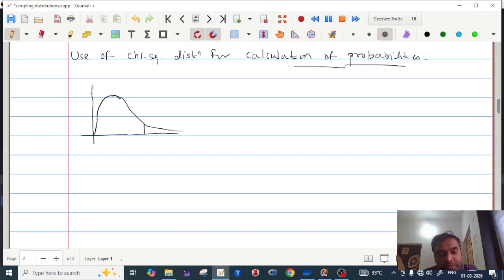The point is denoted by chi-square n comma alpha. This probability is alpha, and it is written as the probability of chi-square n greater than this point, chi-square n comma alpha.